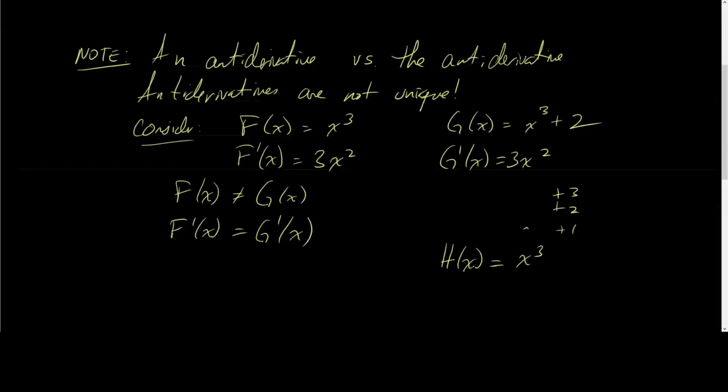By that I mean x cubed plus 1, x cubed plus 2, x cubed plus 3, or minus 1, minus 2, minus 3. And every single one of these would have the same exact derivative because the derivative of a constant is 0. That's what we mean when we say an antiderivative, because there are multiple options here. So how do we account for that?